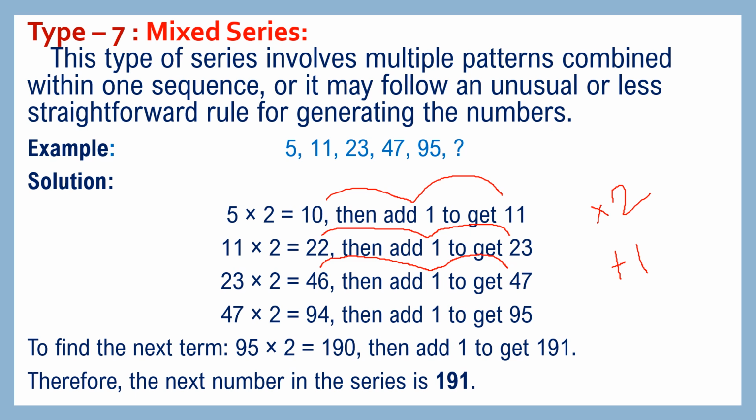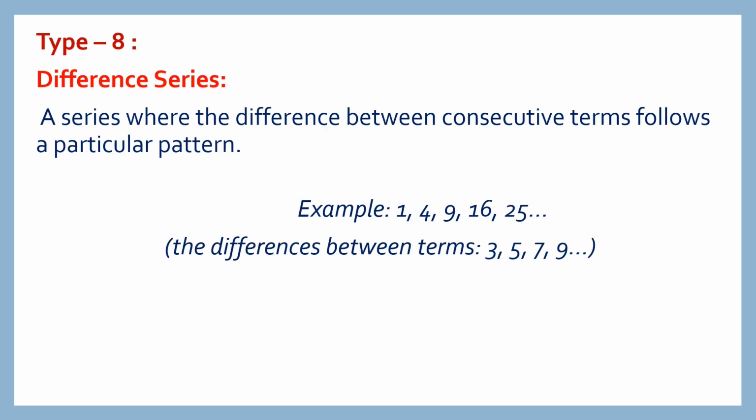If you multiply 95 by 2, we will get 190. When we add 1 to it, we will get the answer 191. So this is a mixed series. See here they are using both multiplication and addition. That is mixed series.